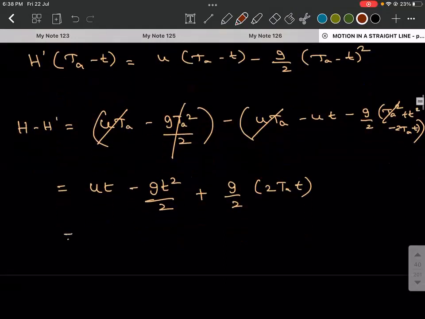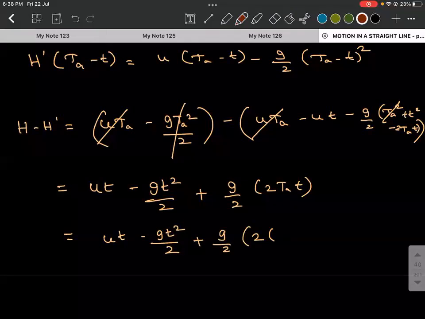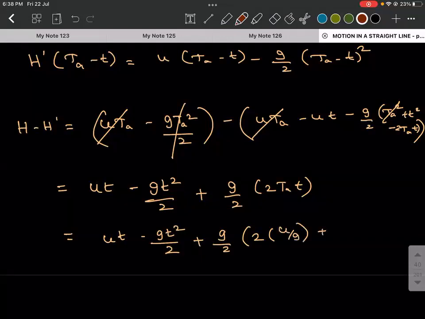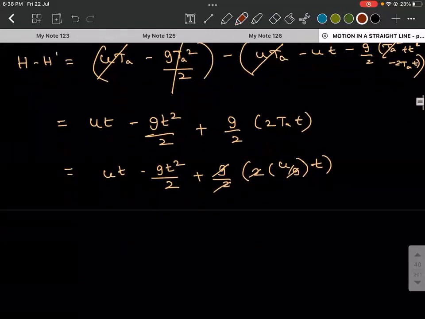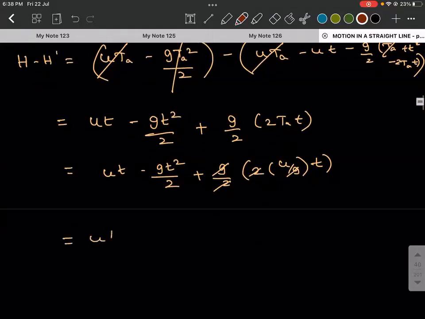So this should be equal to ut minus gt square by 2 plus g by 2 into what is the value of ta? u by g, into small t. So g and g will get cancelled, 2 and 2 will get cancelled. So what am I left with? ut minus gt square by 2 plus ut.